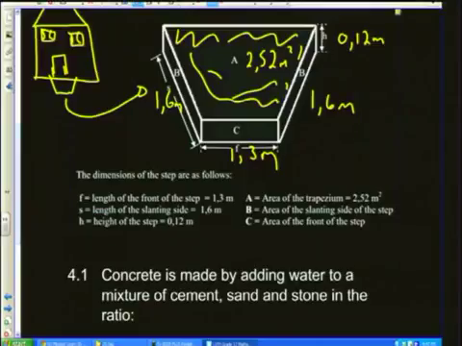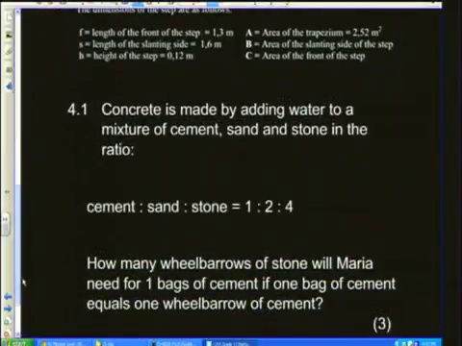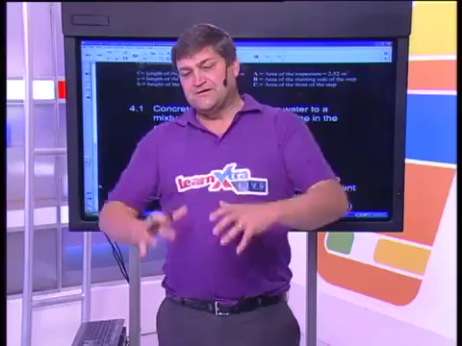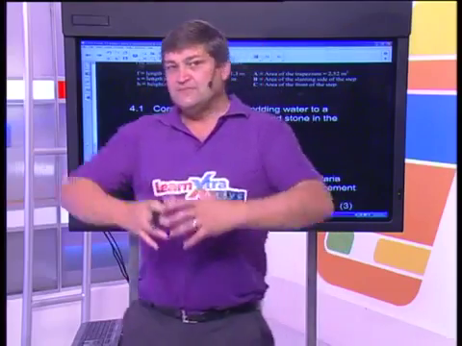Now, concrete is made by adding water to a mixture of cement, sand, and stone in the ratio of cement, sand, stone, 1 is to 2 is to 4. What does that mean? That means for 1 bit of cement, and what do I mean by bit? Well, it could be 1 spade of cement.